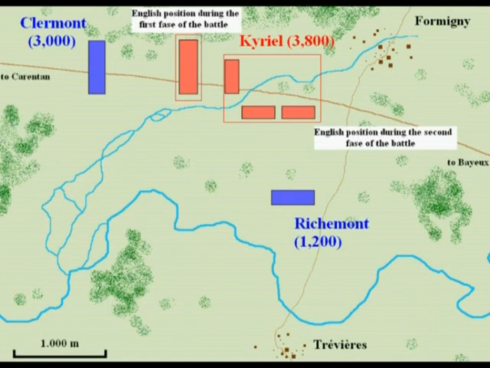At this point, Richmond was seemingly crossing the river Or, and by this time the battle had already been going on for several hours.